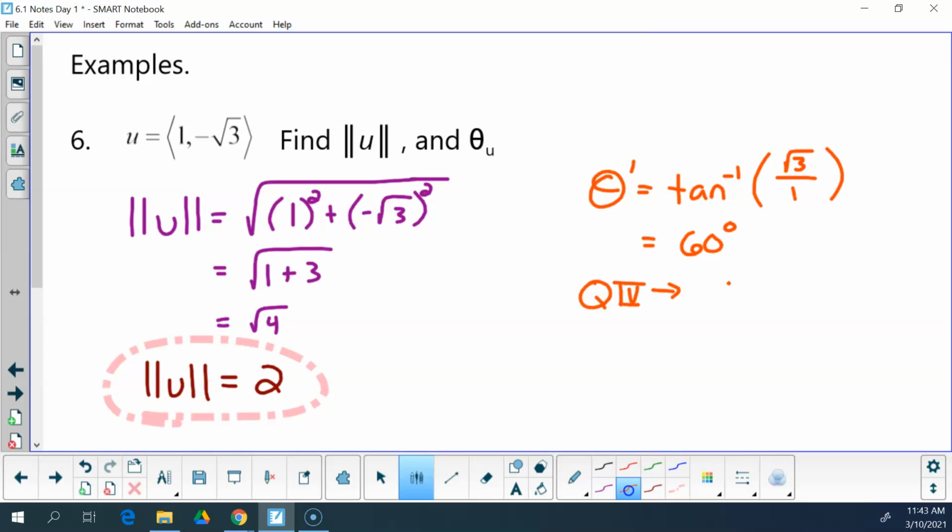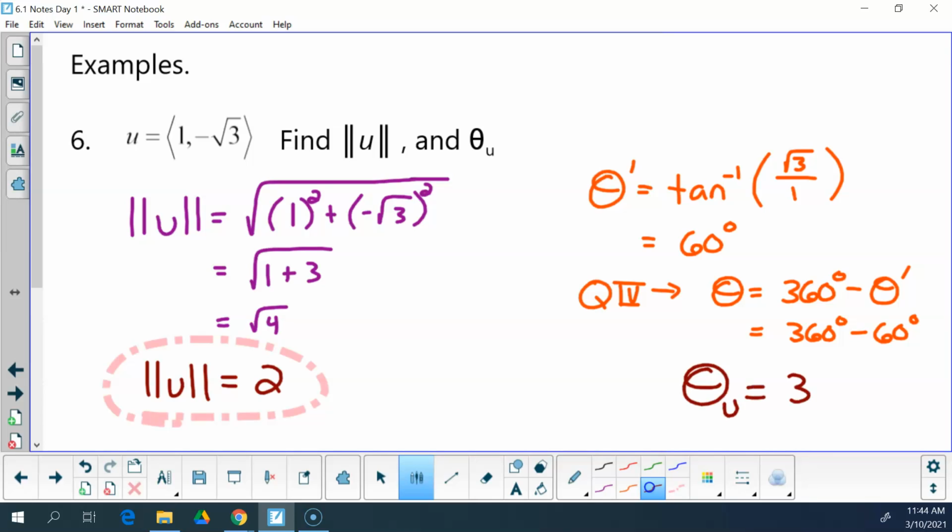So my actual theta is going to be 360 degrees minus my reference angle. So 360 minus 60 gives me a direction angle for u of 300 degrees. Agree? Love it.